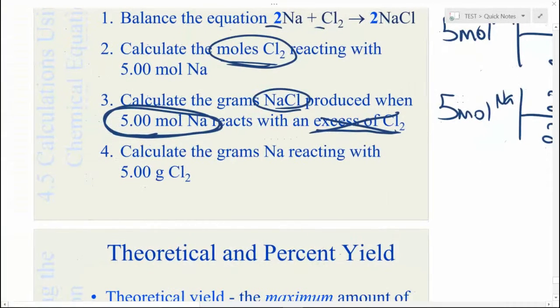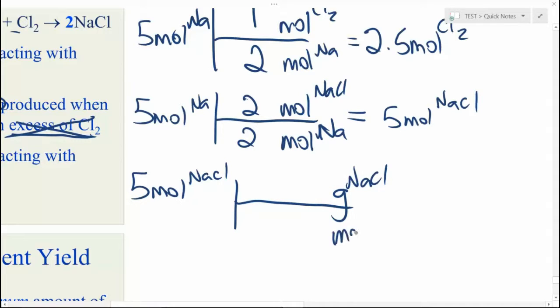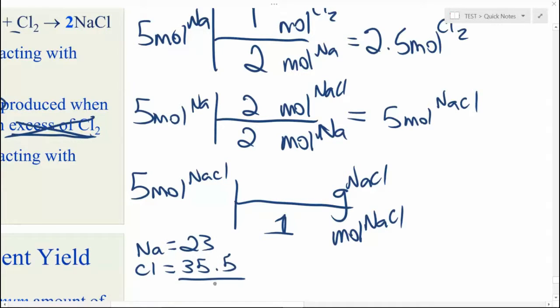Now, the question though wants us to find the grams of sodium chloride. So now we need to take those 5 moles of sodium chloride, and we need to convert it to the grams of sodium chloride from the moles of sodium chloride. So I have 1 mole of sodium chloride, and the grams, I need to say sodium has a mass of 23, chlorine has a mass of 35.5, and we get 58.5 grams of sodium chloride for every 1 mole of it.